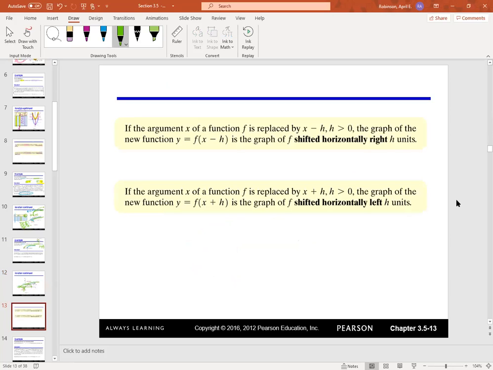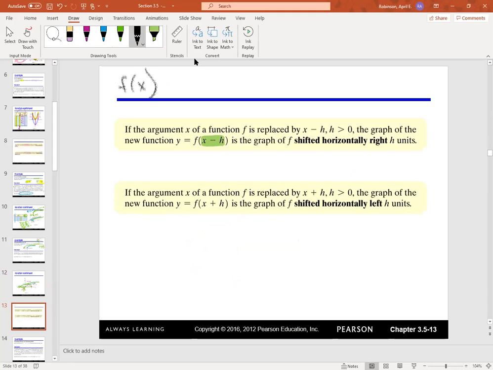If the argument x of a function f is replaced by x minus h, and if you look at it carefully, they're putting the minus h inside the parentheses. Previously, it was f of x, and now they're saying f of x minus h. It's inside the parentheses, so it's with the x.